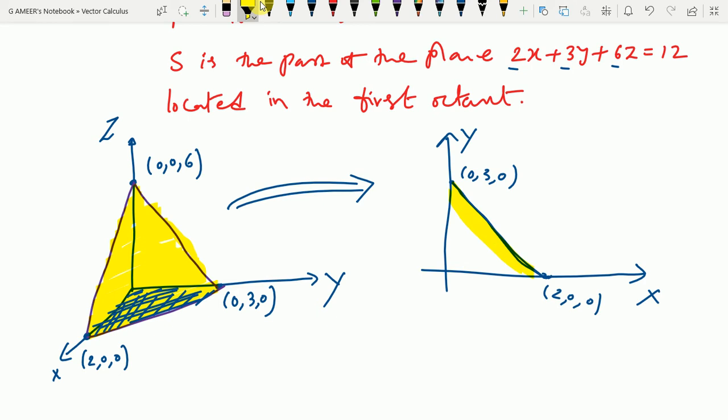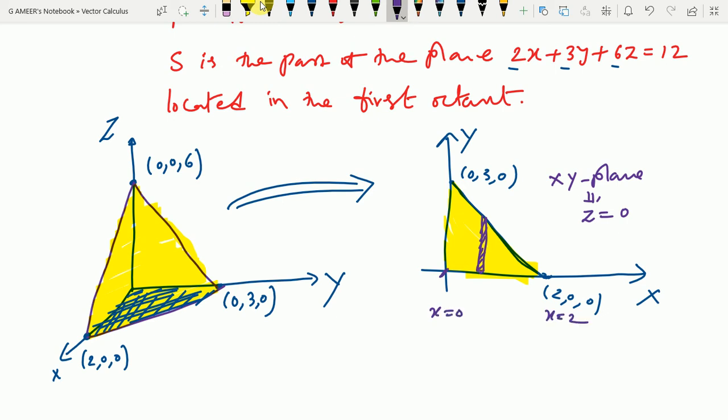Projected into the xy plane, we need to evaluate this area. So we know very well that in the xy plane z is equal to 0. When we are estimating, let us take slices. The x coordinate is ranging from 0 to 2.